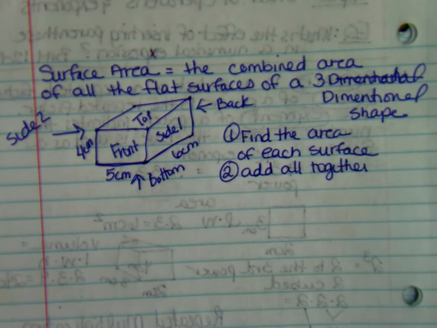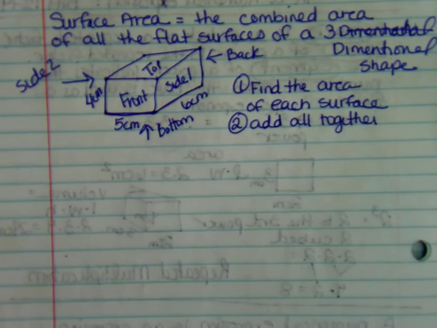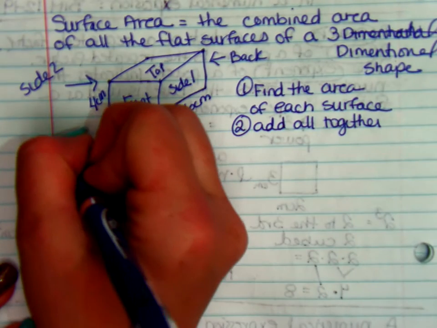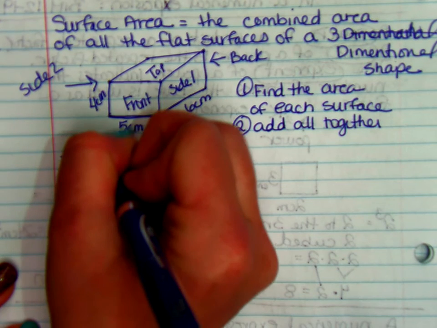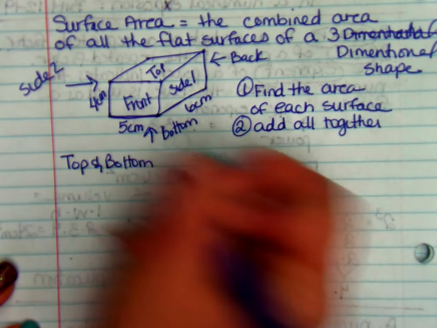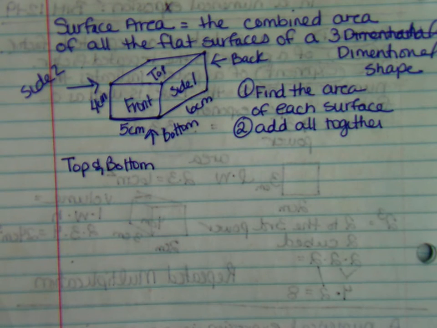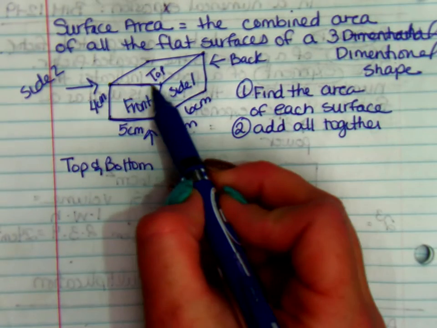All right, so I like to break it down by doing first, here is my top and bottom. So remember, the top and the bottom are equivalent, they're the same. So if you find one, you just need to multiply it by 2, and then you have the combined value of both. So the top, we need to find what is this length here?